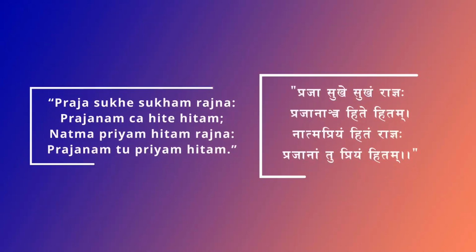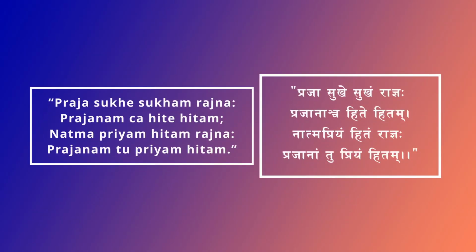Government should focus on their people first. And if we go to the quotes of Chanakya in the Arthashastra, we will find: Praja Sukhe Sukham Rajya, Praja Nam Ka Hite Hitam, Natma Priyam Hitam Pragya, Praja Nam Tu Priyam Hitam.